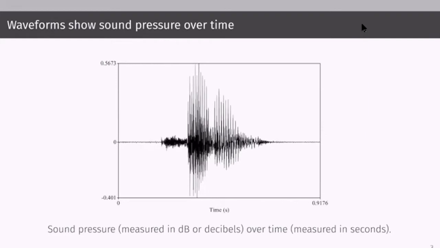And that's probably the one that's most familiar to most people, right? I assume most of you have probably seen a waveform before. Is that safe to say? Yeah, so waveforms are one representation, and they're useful for understanding some aspects of speech acoustics.